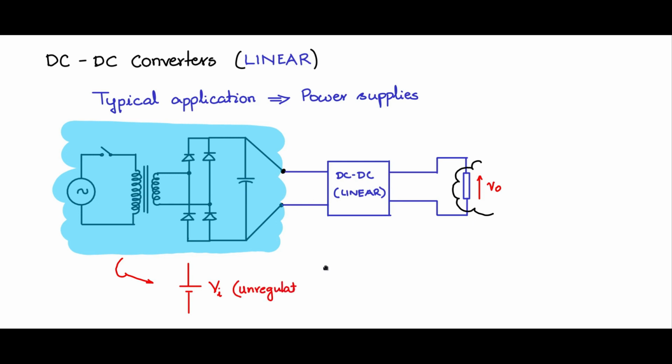So this is the unregulated voltage that you get at this point. We can name it as Vi, and henceforth when we are discussing the DC-DC linear regulator, we will not be writing all this. Instead, we will replace it just by this battery symbol at this point. Henceforth, we will be using this symbol to represent either a battery or unregulated DC obtained from an AC to DC rectifier capacitor filter circuit.